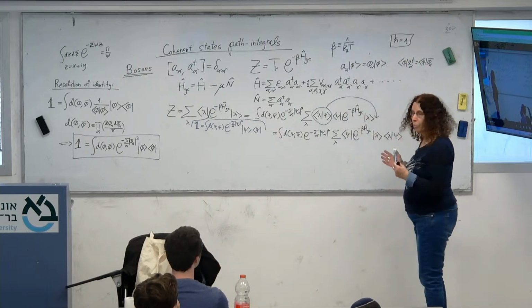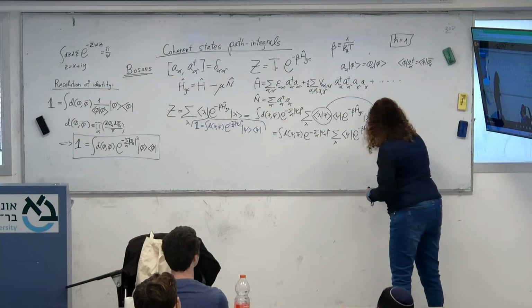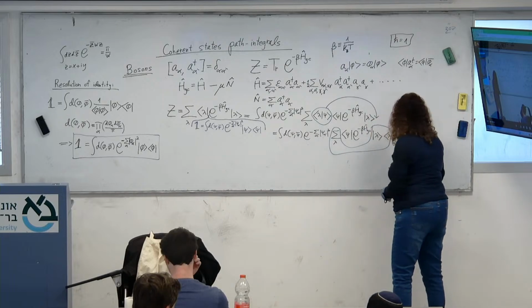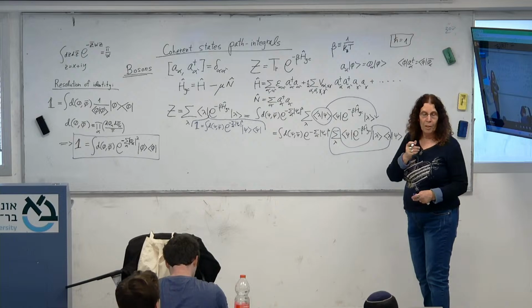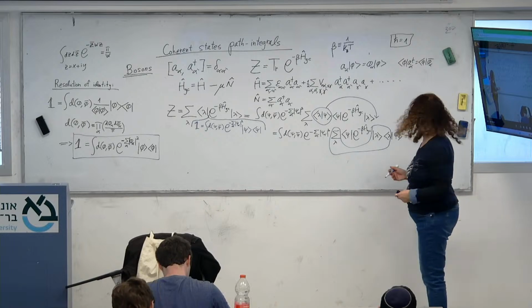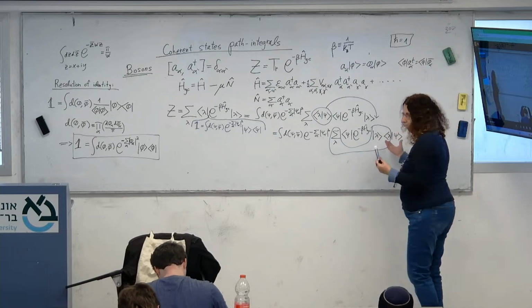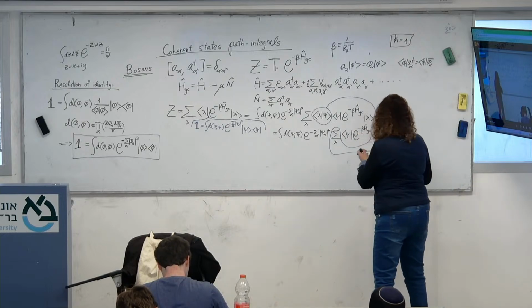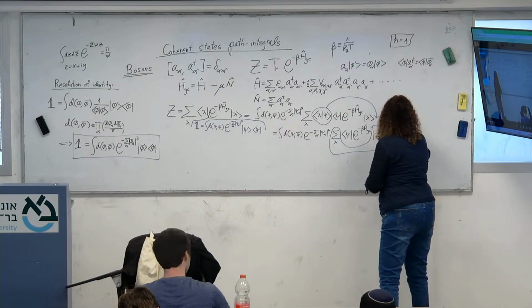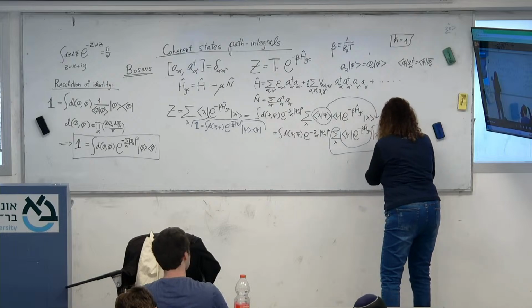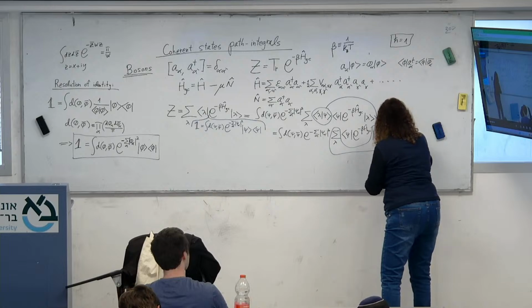And now notice the following magic. I just look at this combination. Okay? This is the resolution of identity, right? So I can eliminate it. It's just one. Well, actually, it is more careful. It is this.